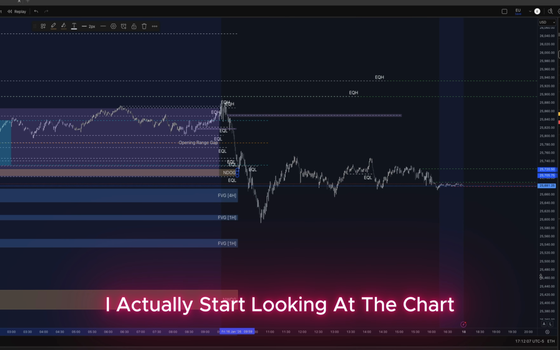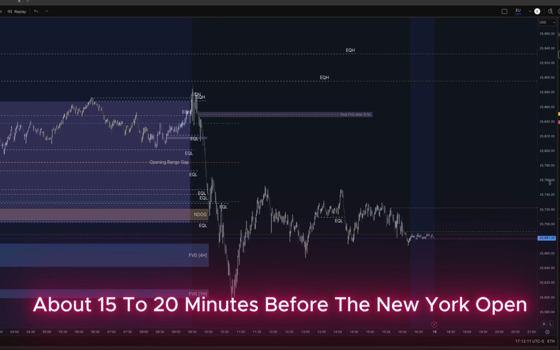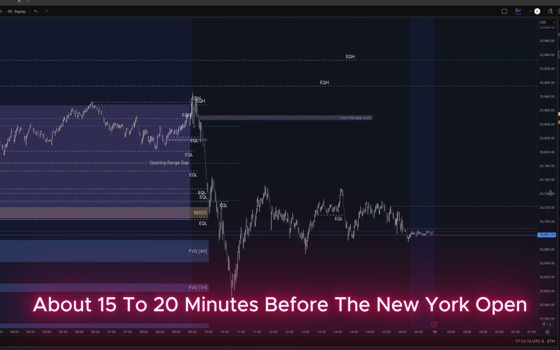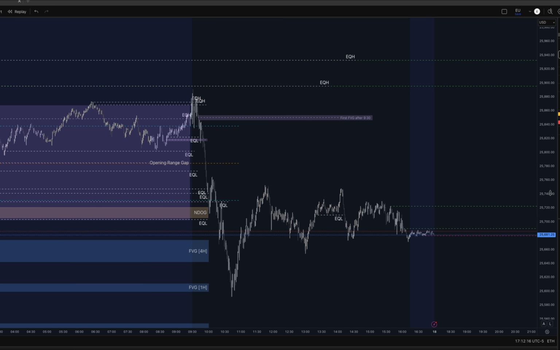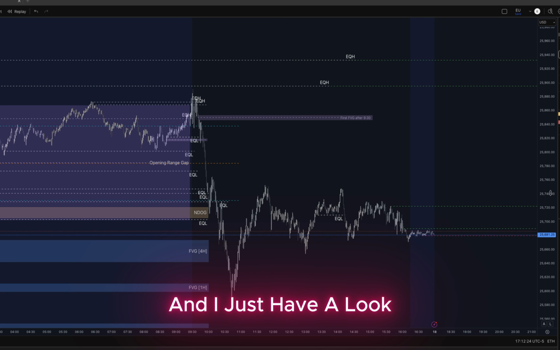I actually start looking at the chart about 15 to 20 minutes before the New York Open. What does that mean? It means that I sit down around 10 past 9 or quarter past 9 and I just have a look.